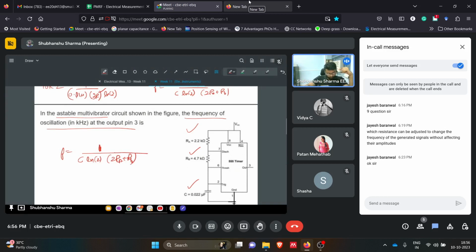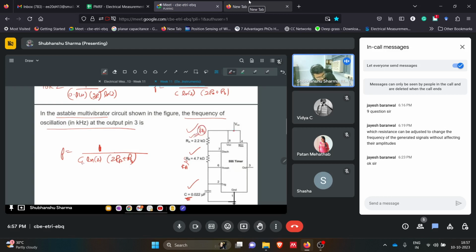One more thing to keep in mind, let me first clarify that. In your lectures, the resistor which is attached to the capacitor is mentioned as RA in theory. Just keep this in mind. The resistor which is attached to the capacitor, and the resistor away from it, attached to VCC, is mentioned as RB.